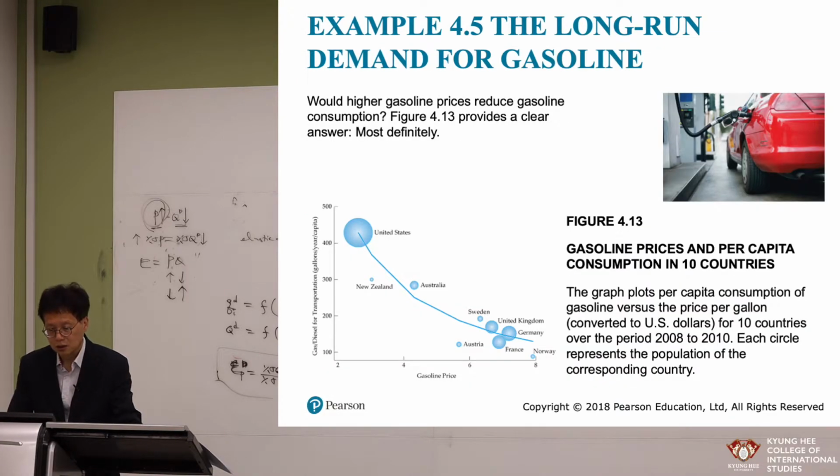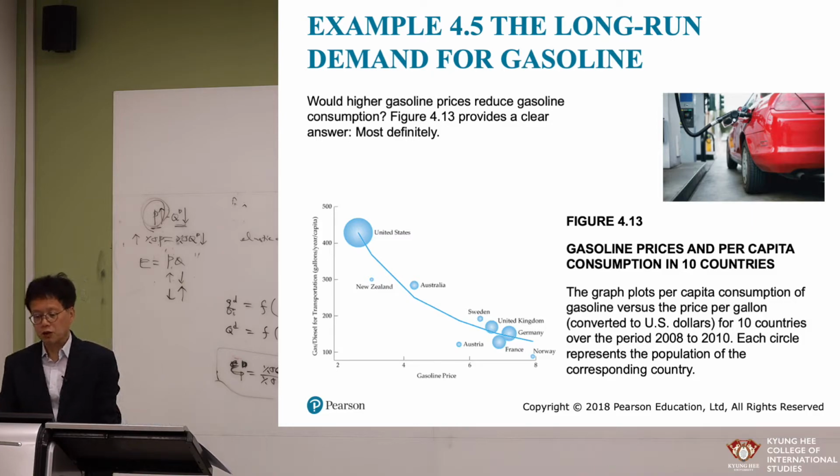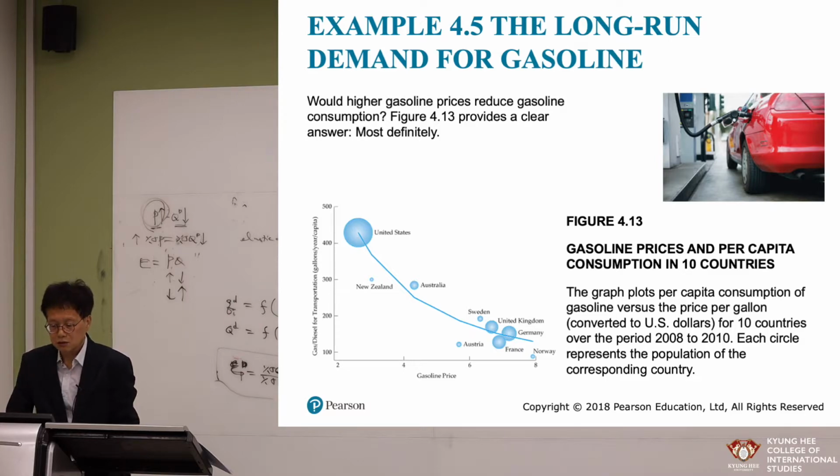Okay, next slide. Example 4.5, the long-run demand for gasoline, right? The question is: would a higher gasoline price reduce gasoline consumption? If gasoline price increases, then demand for gasoline decreases. This argument is verified empirically using some cross-country data. At this point, United States gasoline price is very low, and United States consumption of gasoline is very high. Now think about Australia.